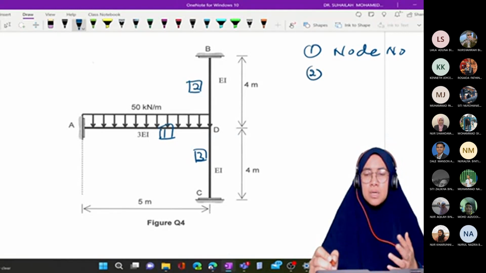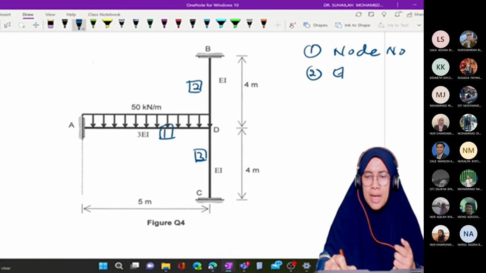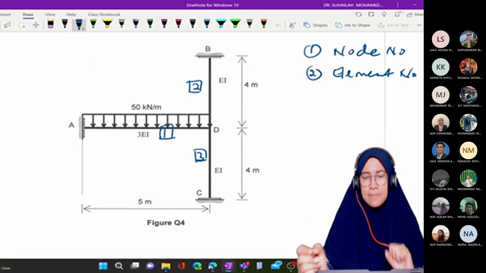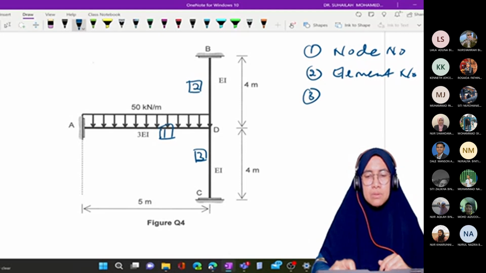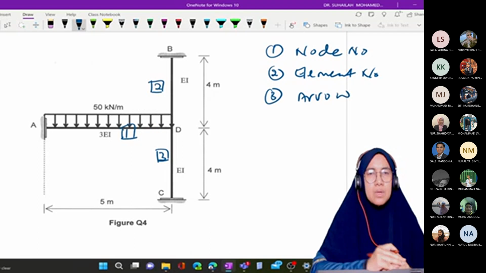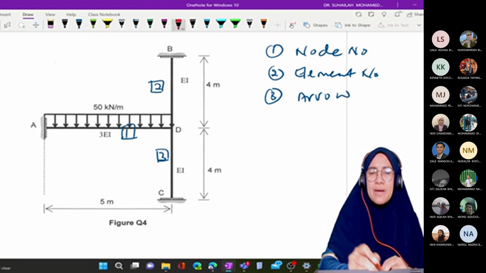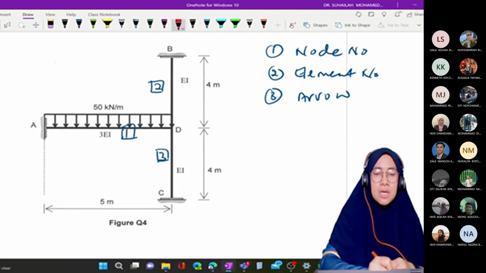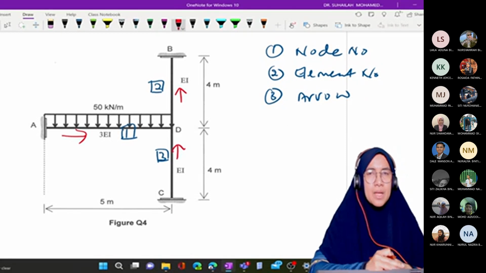Number 2, we have to label element number. Number 3, we have to have, okay, arrow. And arrow is special because we can put arrow in any direction that we like. Doesn't matter. Okay, put in any direction that we like.